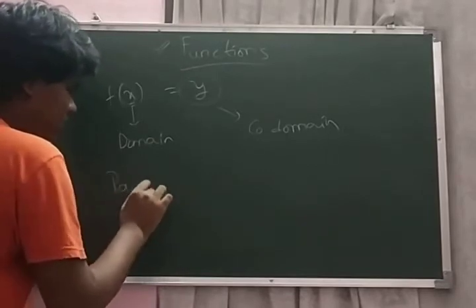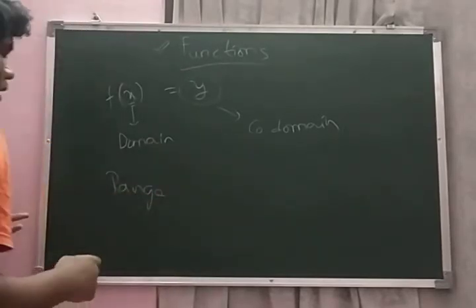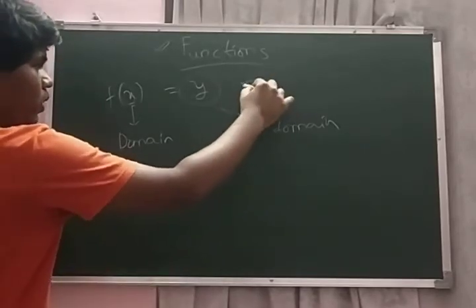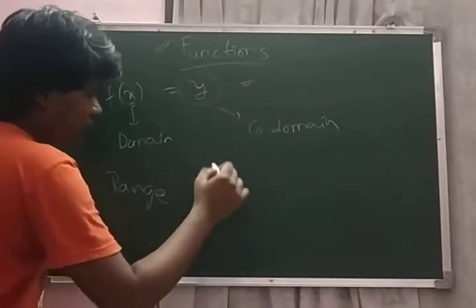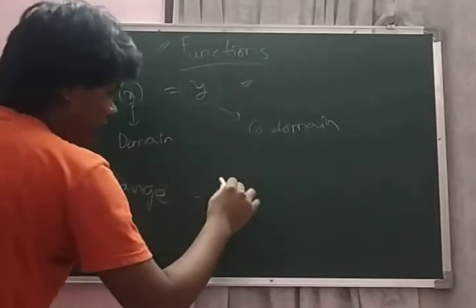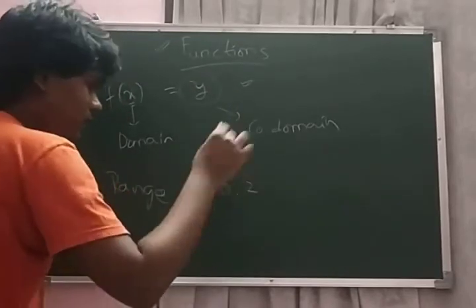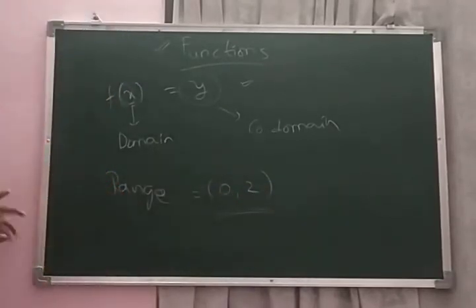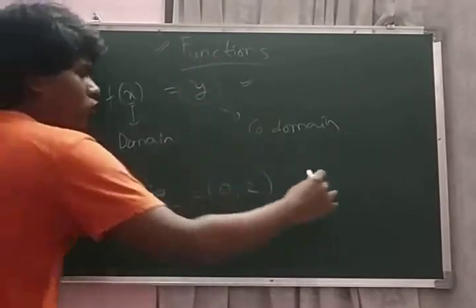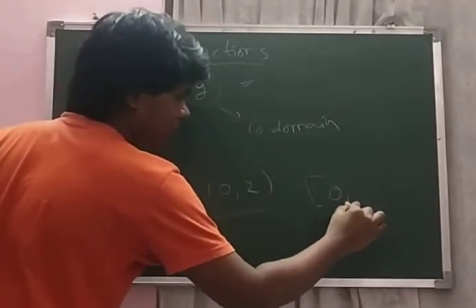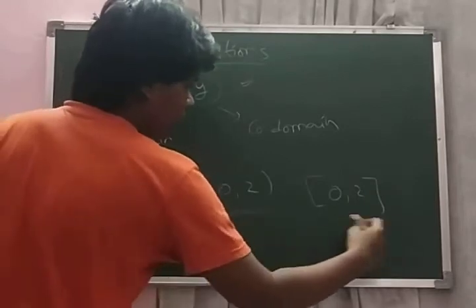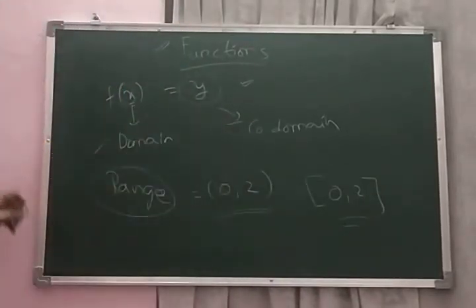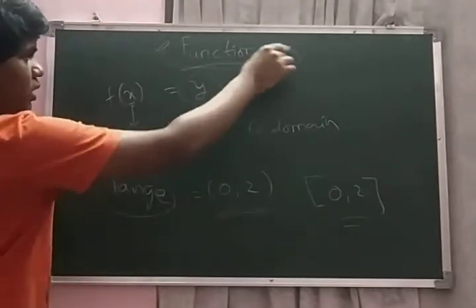The range is the set of values which satisfy the y value. For example, if the y value lies between 0 to 2, with open brackets, then this is the range. If the y value lies from 0 to 2, then closed bracket 0 comma 2. So these are domain, codomain and range. These are very important terms when we consider functions.